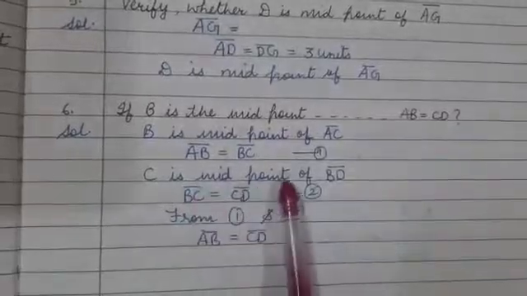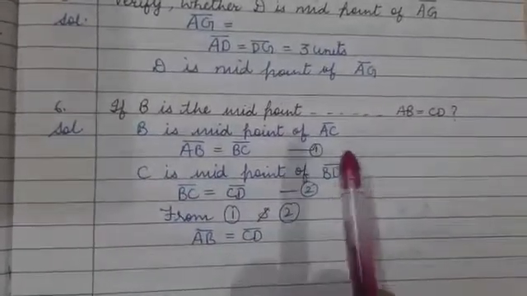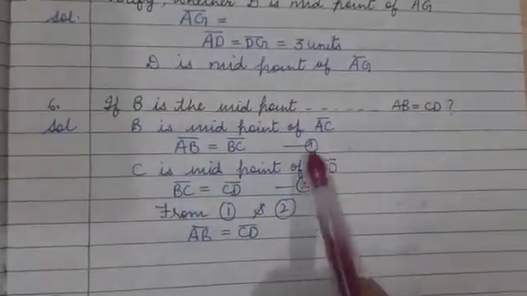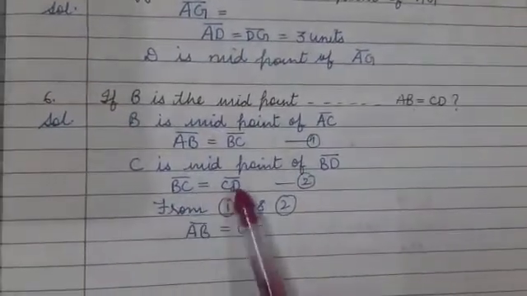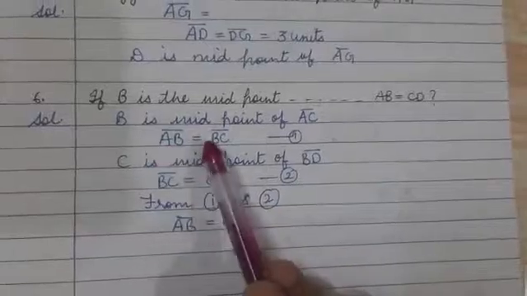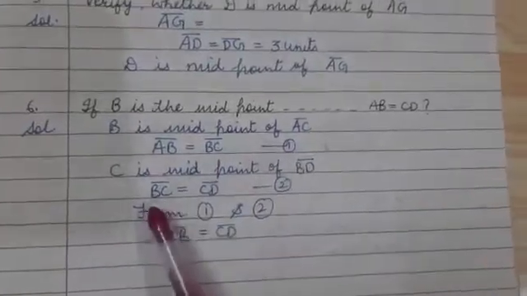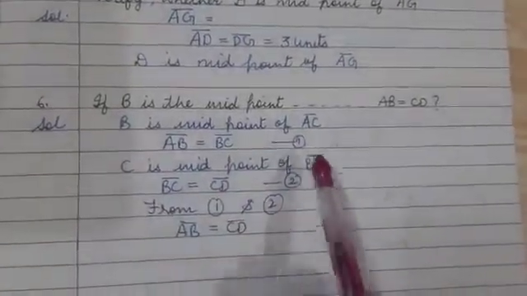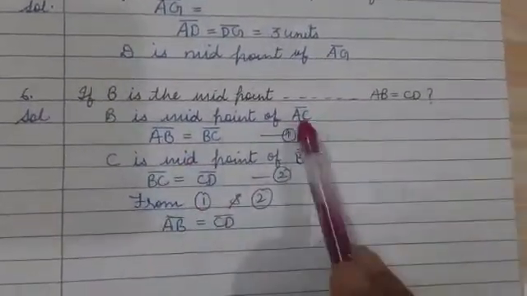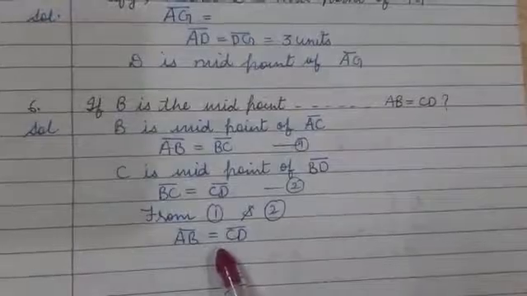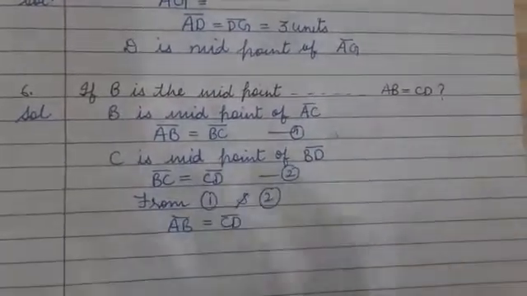Now C is the midpoint of BD. That means C has divided BD into two equal line segments, that is BC and CD. BC is equals to CD. Now here AB is equals to BC and here BC is equals to CD. That means AB is equals to CD. So from 1 and 2, we get AB is equals to CD.